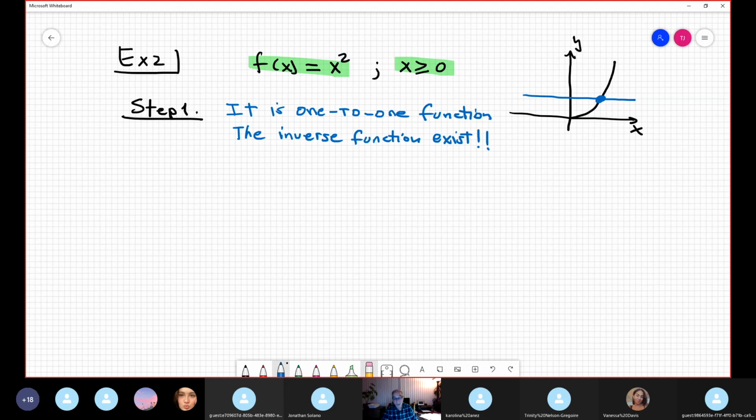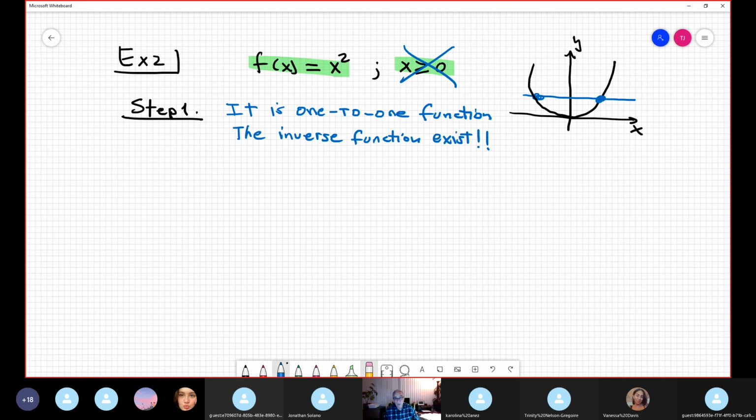Okay? See, if we had the entire parabola, the horizontal line would fail. The answer is no. So if I omit that part, the answer is no, and we finish because it's not invertible, so the inverse function does not exist.